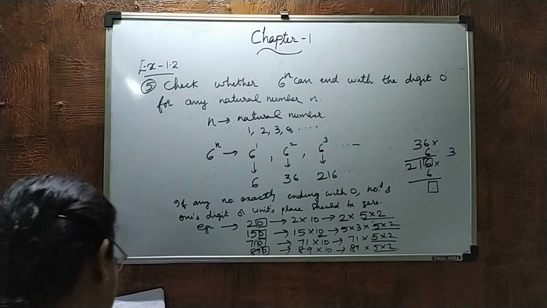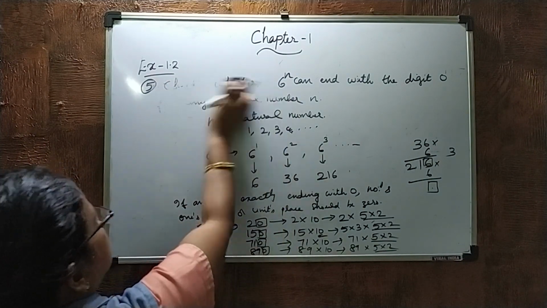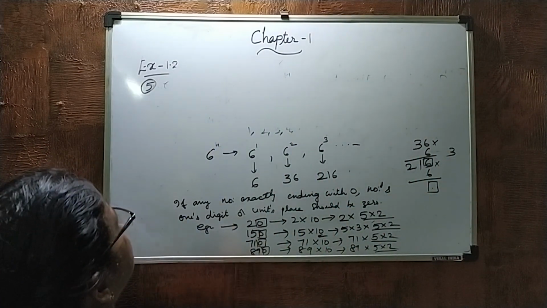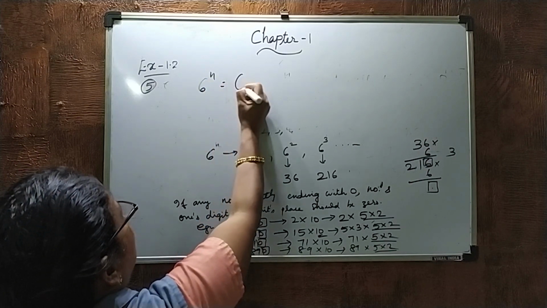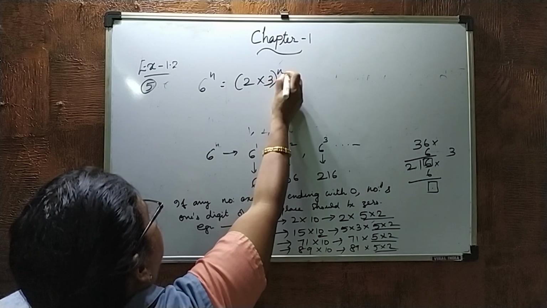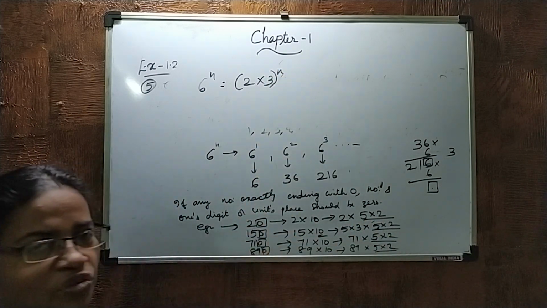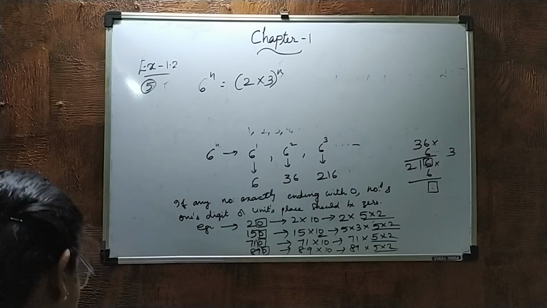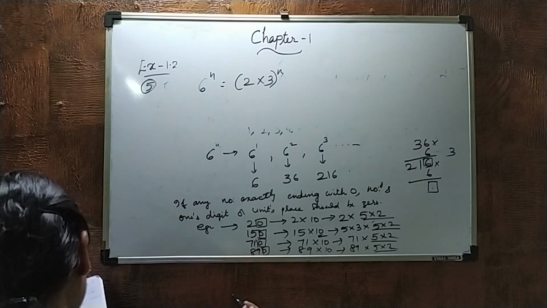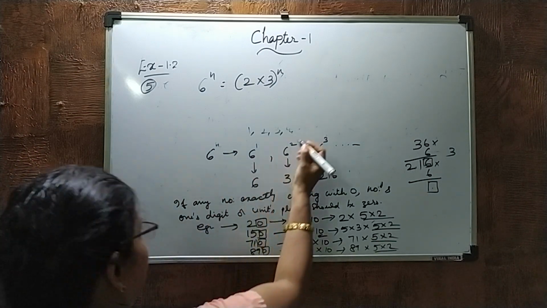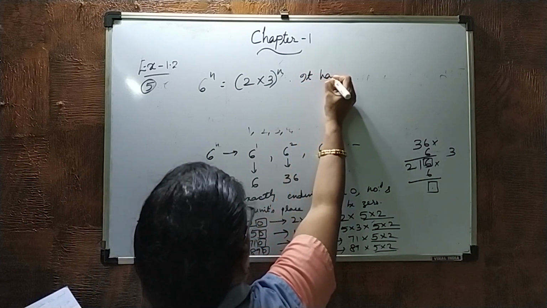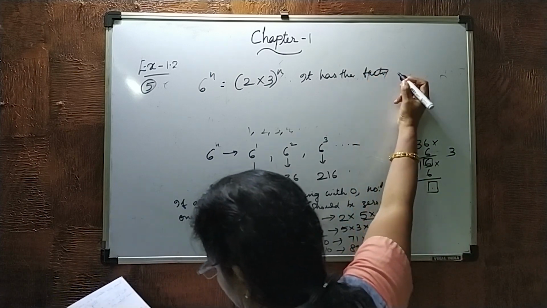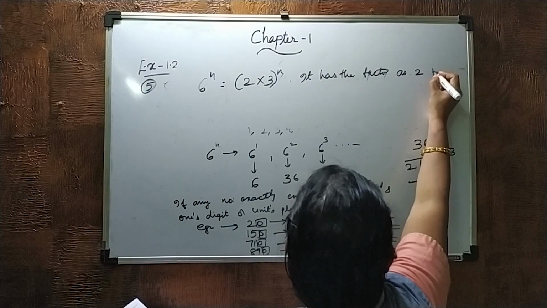Now after this we can say 6 raised to n can be written as 2 into 3 whole raised to n. There is no 5 into 2 or 2 into 5, which there should be. Then only we can say that it ends with 0. So here we can say that it has the factor 2, not 5.